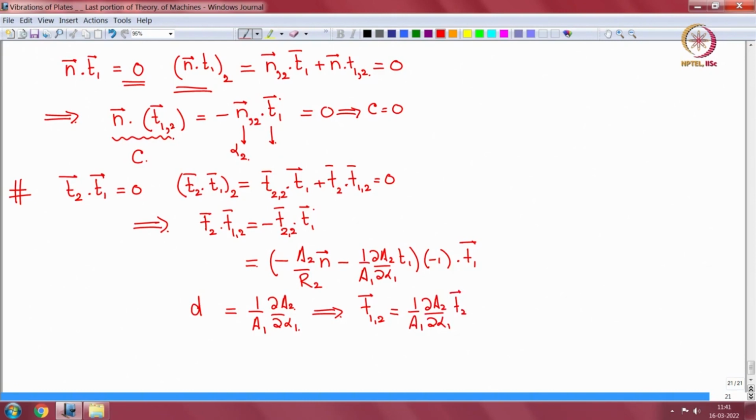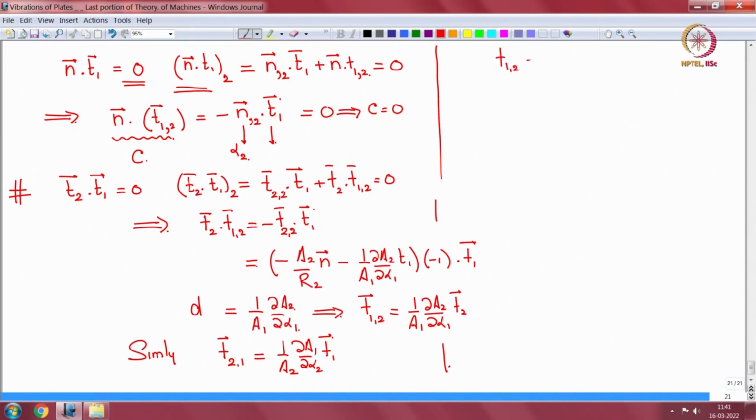Okay. Similarly, T2 comma 1 is equal to 1 over A2 del A1 by del alpha 2 T1. Okay. So let us make a note of this here.